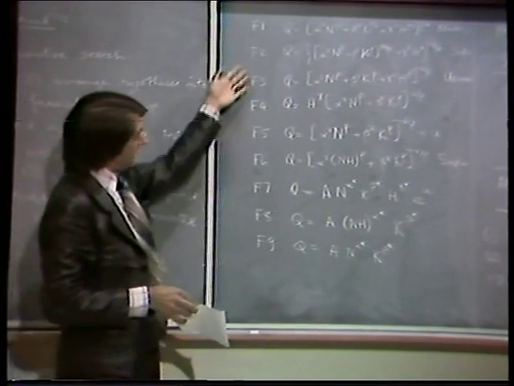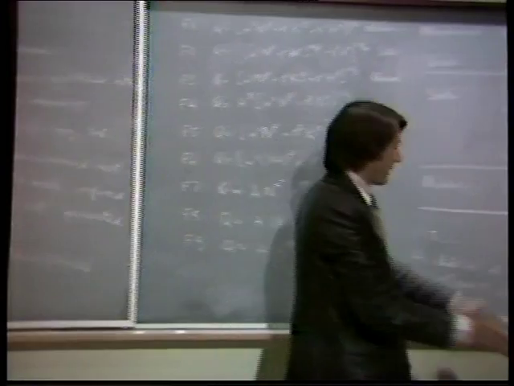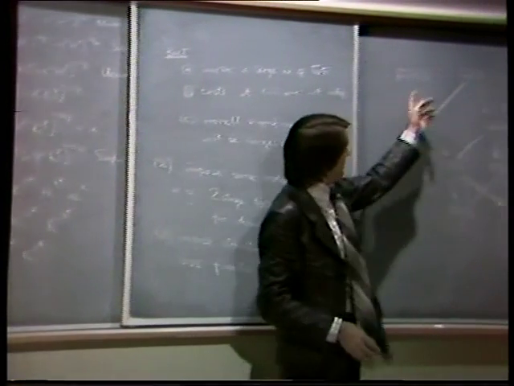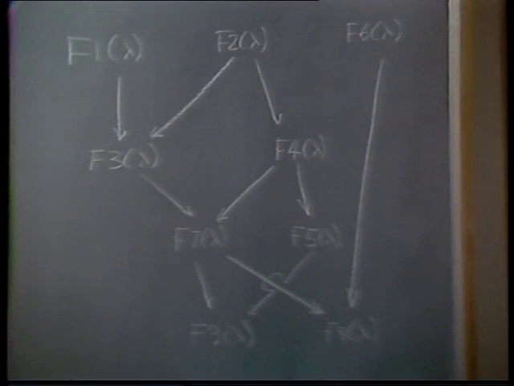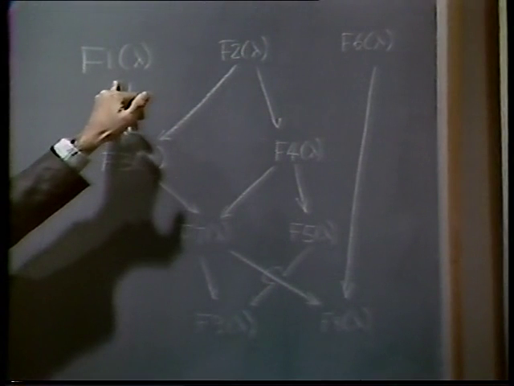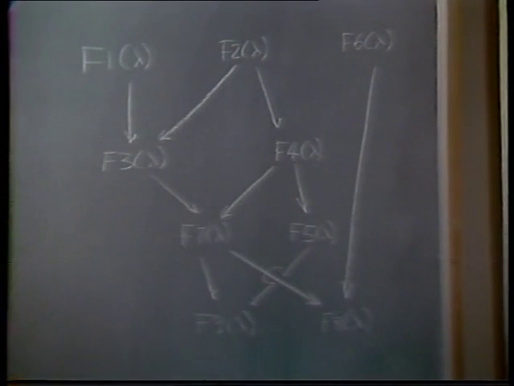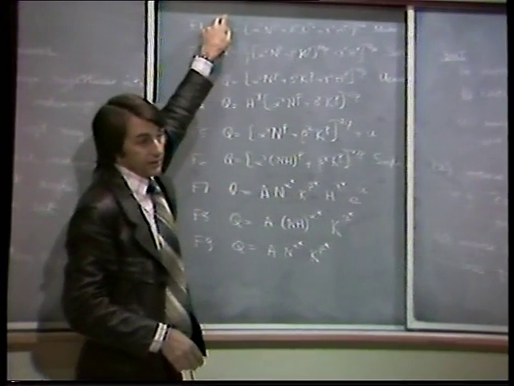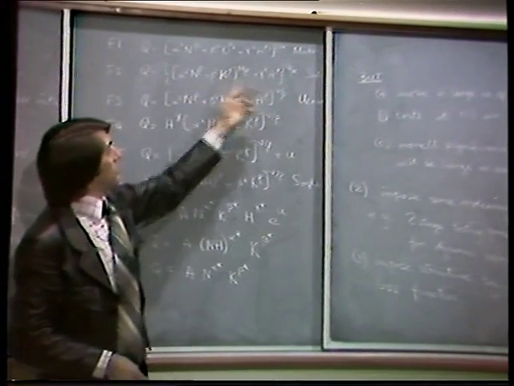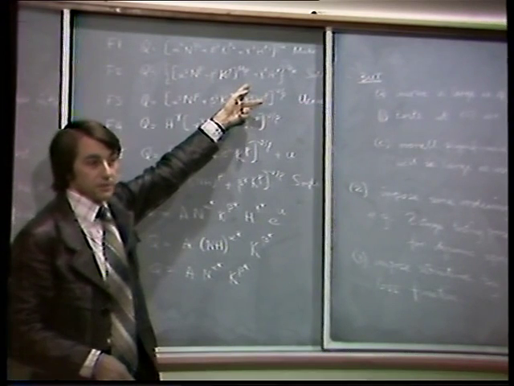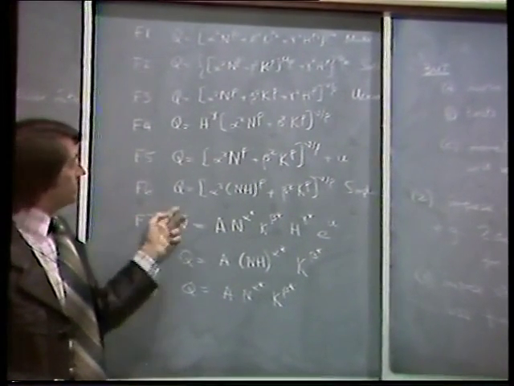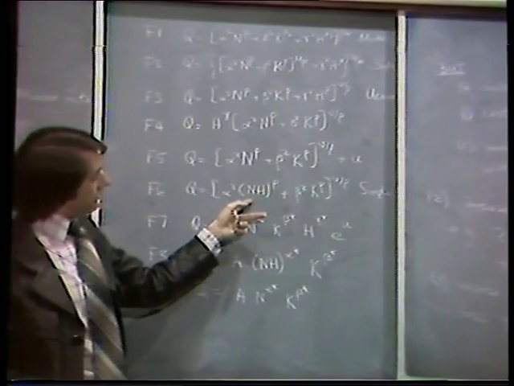Well, when we look at these 9 functional forms, using the diagram on the far right, and look at the structure relating these functions, we can see that we have in effect 3 maintained hypotheses, 3 most general models: F1, which is the Mukherjee production function; F2, which is the Sato 2-level constant elasticity of substitution production function; and then a trivial example, F6, which is just a simple CES production function.